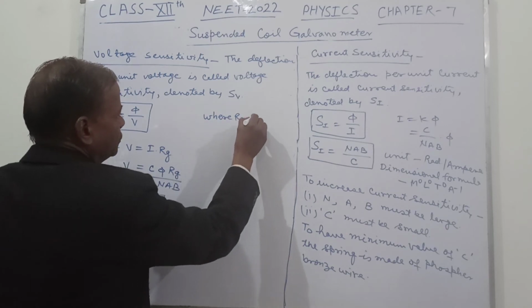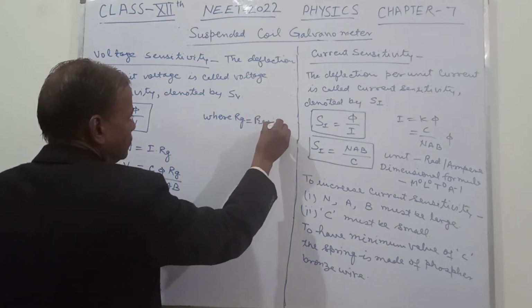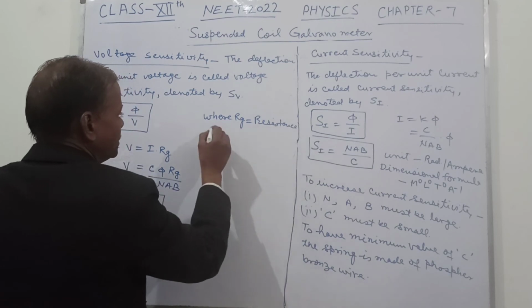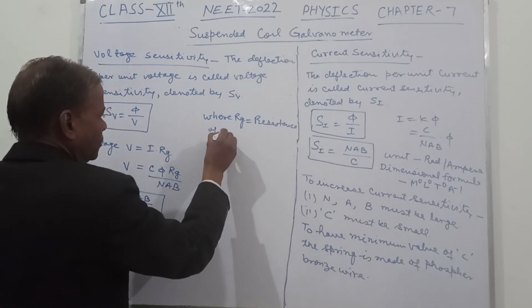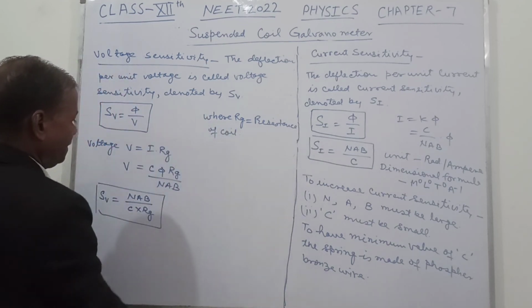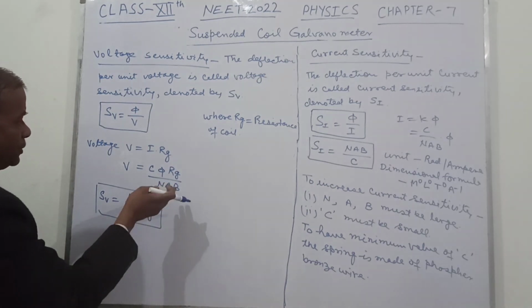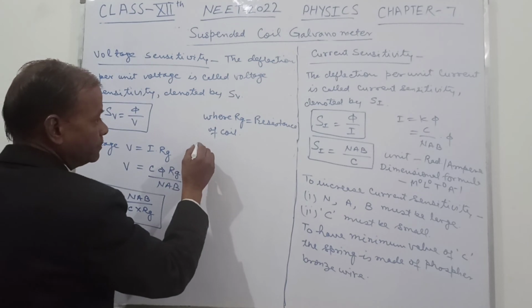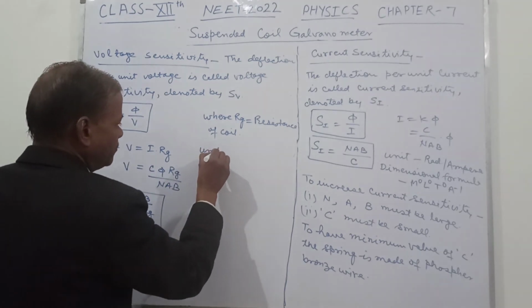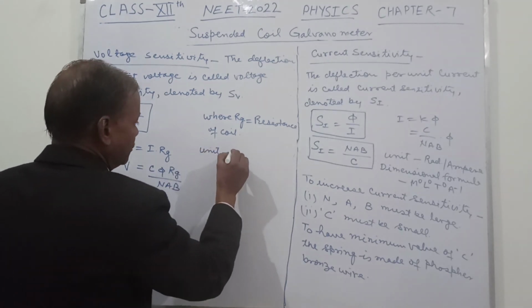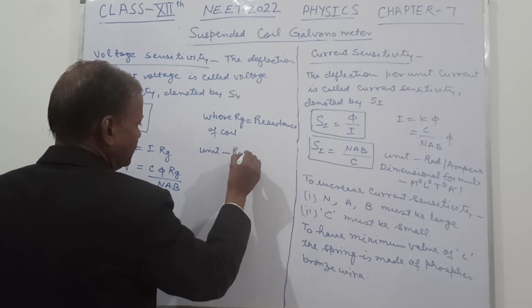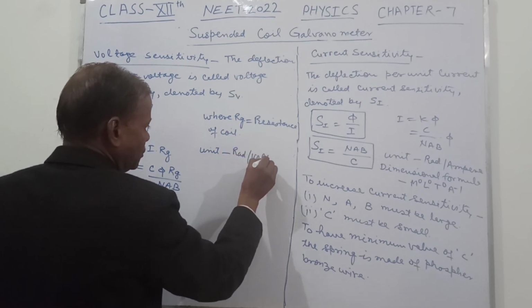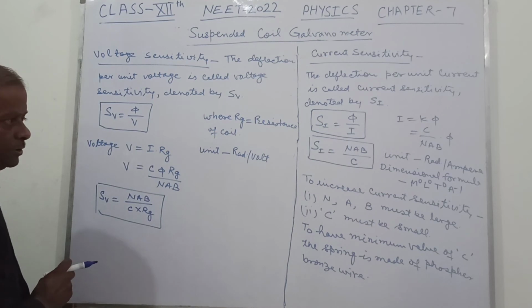Here RG is the resistance of the coil, and I the current. The unit of this will be radian per volt.